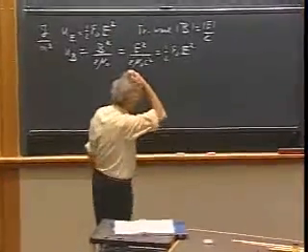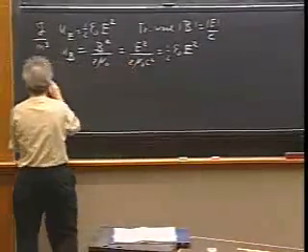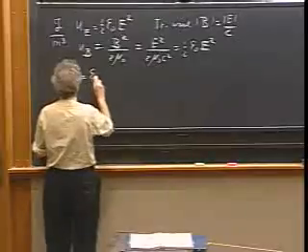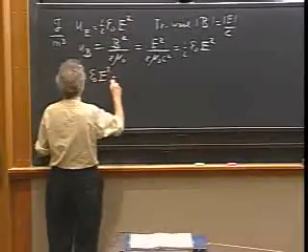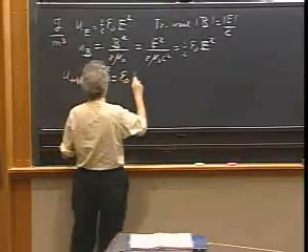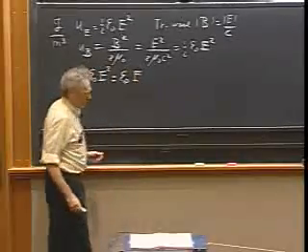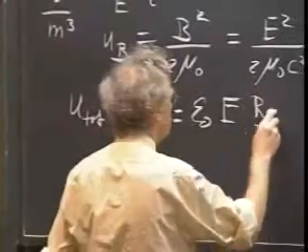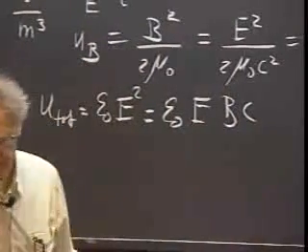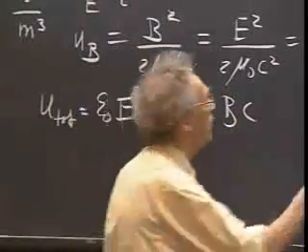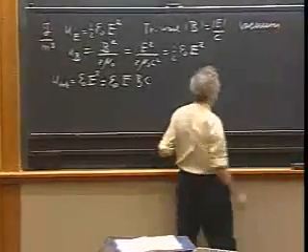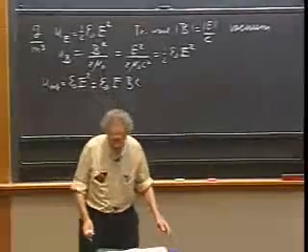And so the total energy density is the sum of the two, is epsilon 0 times E squared, but you can also write that as epsilon 0 times E times Bc, if you prefer that. This, of course, is only true in vacuum, when the speed of propagation is c.